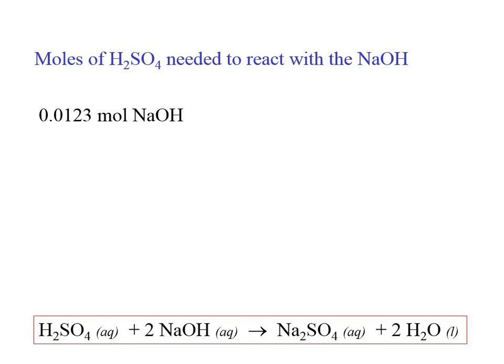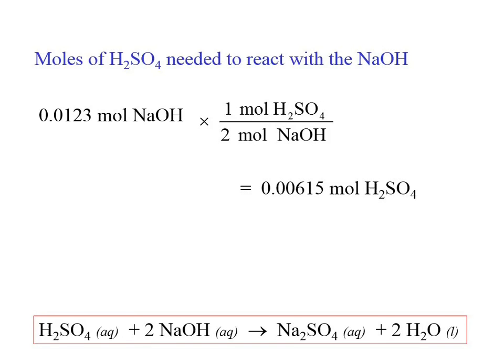We want moles of NaOH to cancel, so we're going to put 2 moles of NaOH on the bottom, 1 mole of H2SO4 on the top. So moles of NaOH have canceled. We're left with moles of H2SO4. Again, 3 significant figures, I get 0.00615 moles H2SO4.